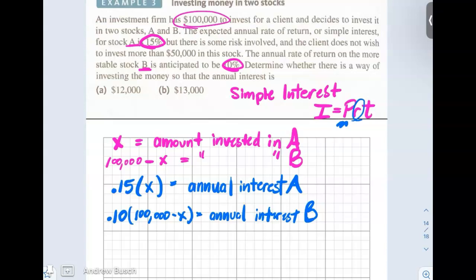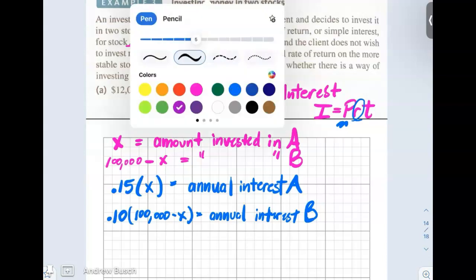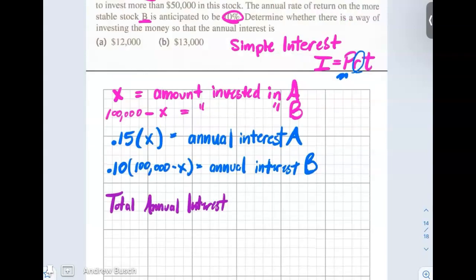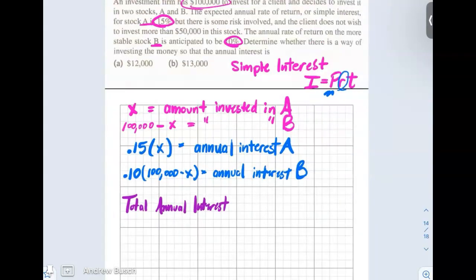We are going to add these two blue equations together to get our total annual interest for both accounts. Here we're wanting that total annual interest to be $12,000. So that's why we're doing this.